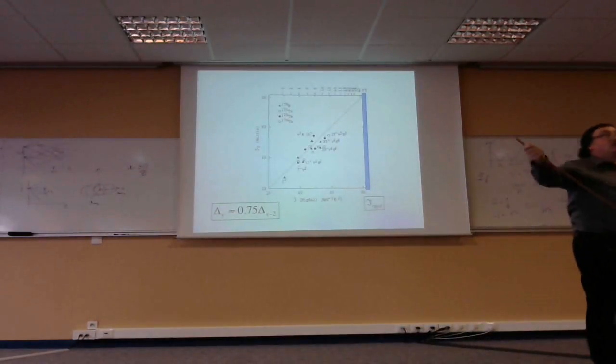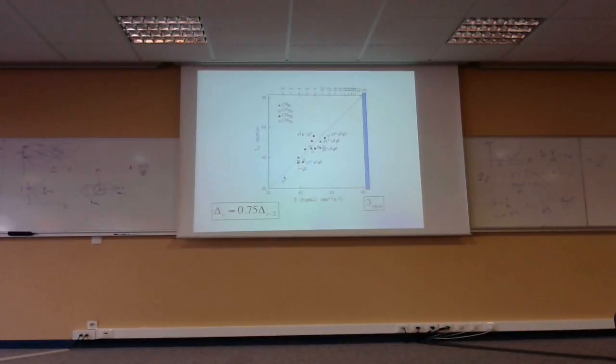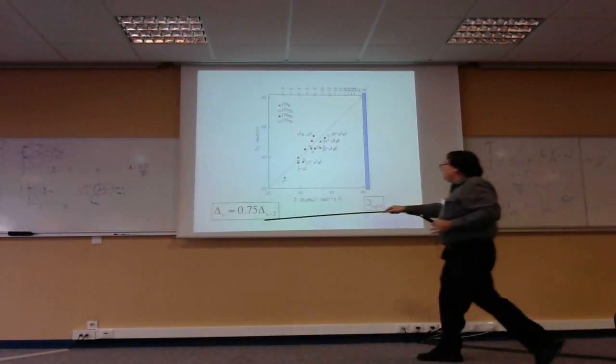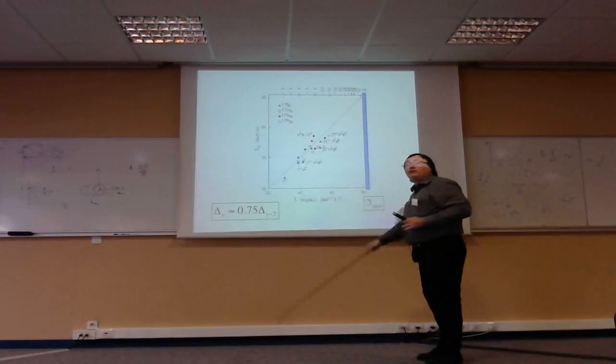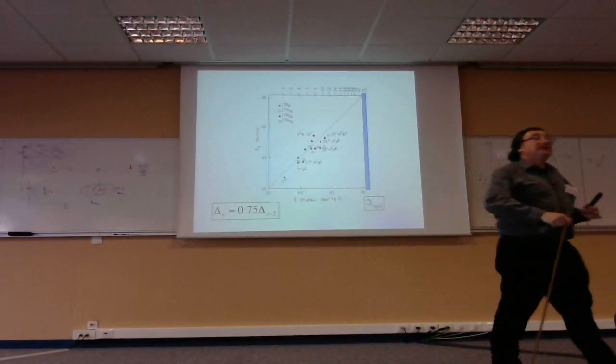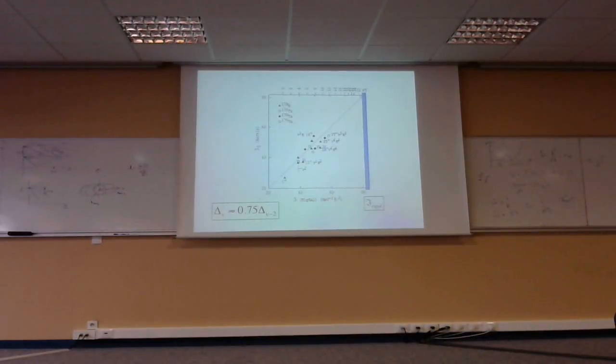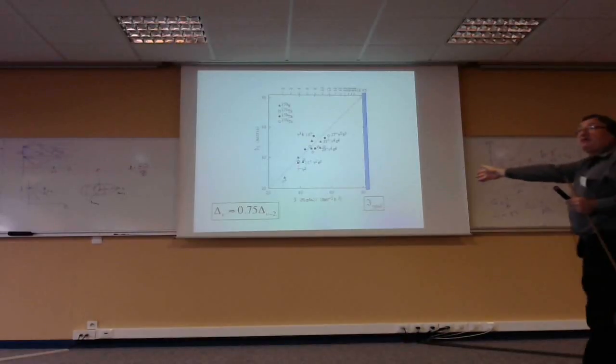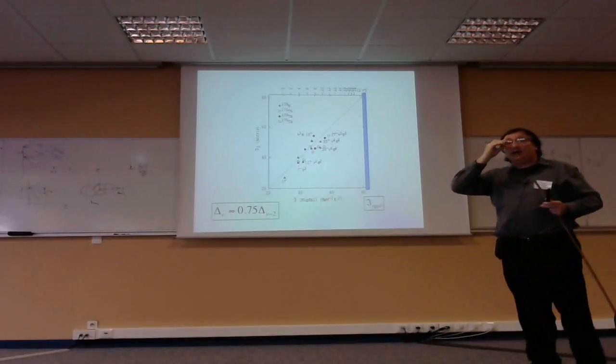So then you can go and see, well, now we have 4 quasi-particles, that will be 0.75 or so again. So at some point, the effective gap that you need to reproduce the moment of inertia is quenched, indicating that indeed at some point pairing is gone at high spin.